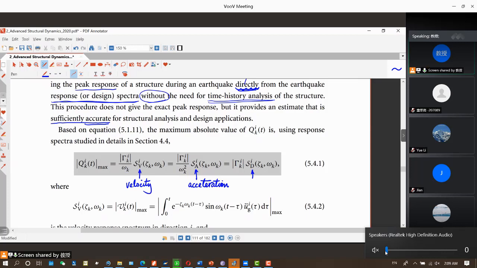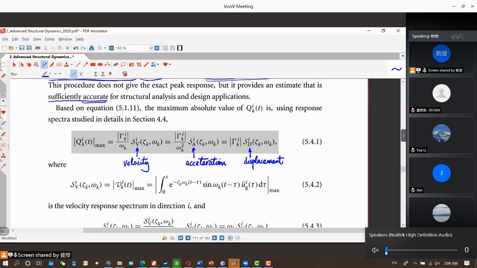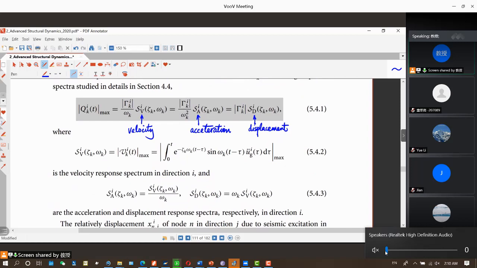Here we have the relationship between A and V. There's a typo in this equation. Please correct it. So this is actually V, and this is A. This is V, and that's D. Please change this. It's quite easy to remember.